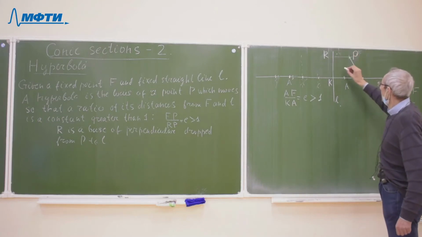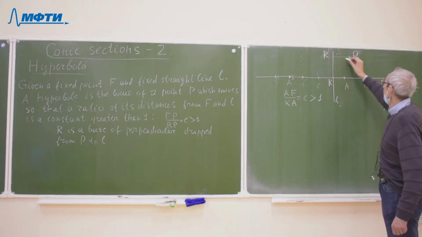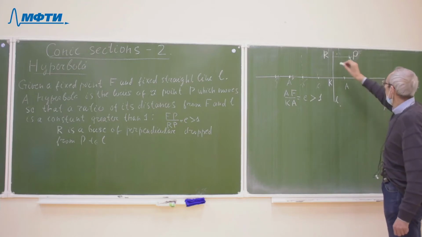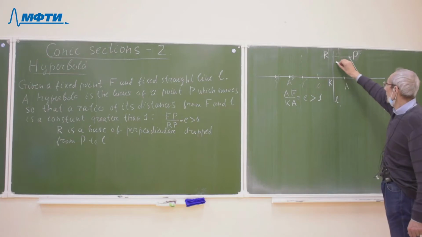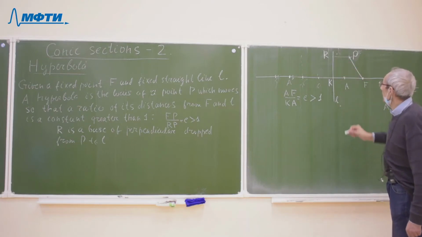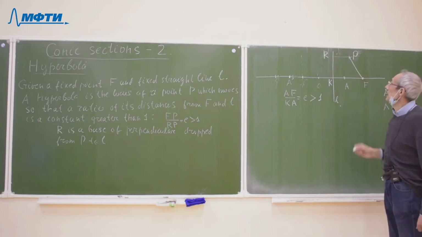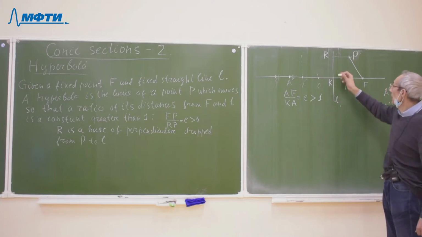Let's consider the perpendicular which passes through P perpendicular to L, and let the point R be the point of intersection, the base of this perpendicular.